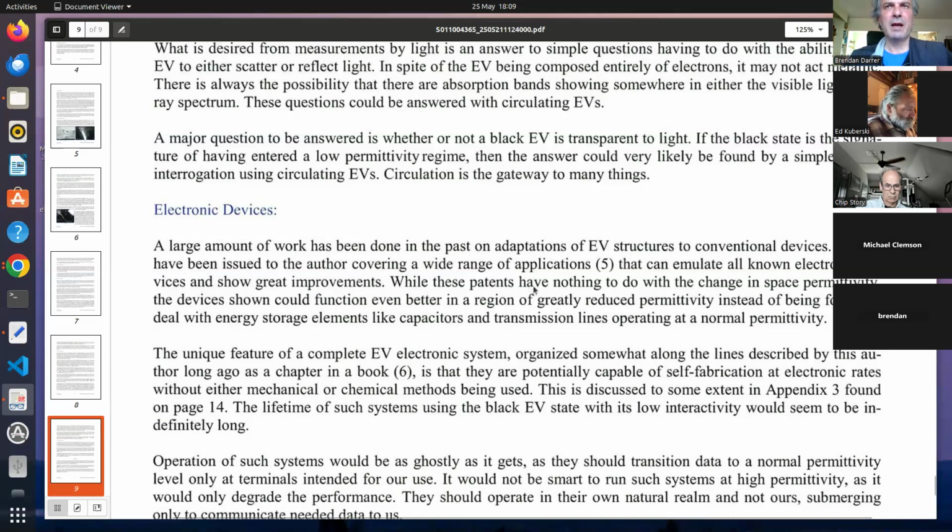While these patents have nothing to do with the change of space permittivity, the devices shown could function even better in a region of greatly reduced permittivity instead of being forced to deal with energy storage elements like capacitors and transmission lines operating at a normal permittivity.